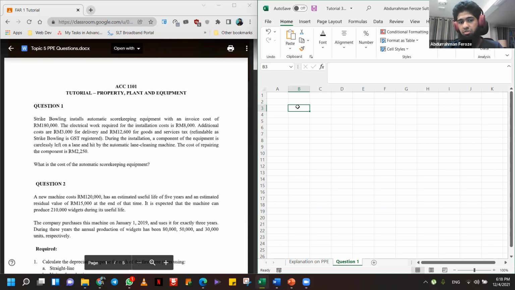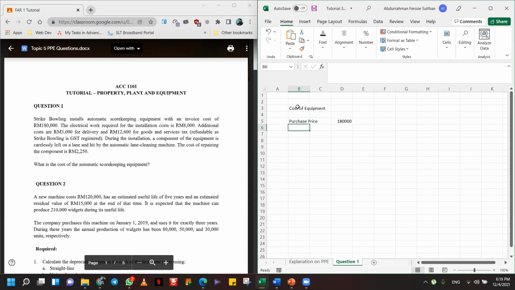Okay, cost of equipment. First we have the purchase price, which is 180,000. That is the obvious one when you want to calculate a cost. But what else should be added from the remaining items?